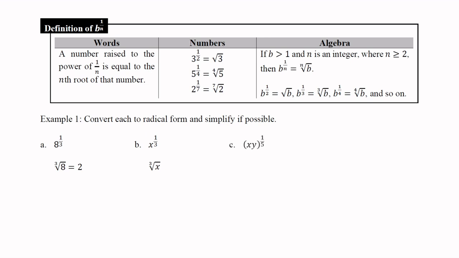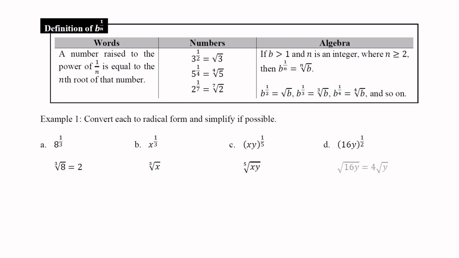The quantity xy to the 1/5 is the same as the fifth root of xy. So you notice that when we have 1 over a denominator, that denominator is your index for your radical.